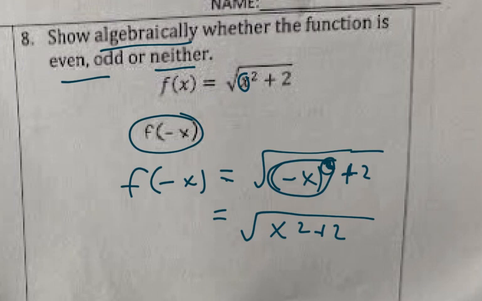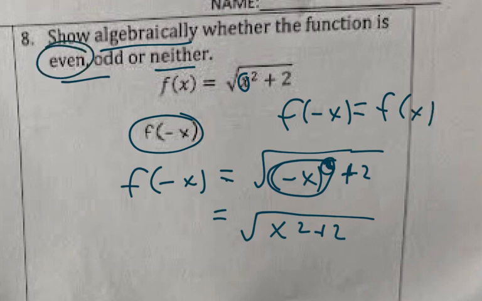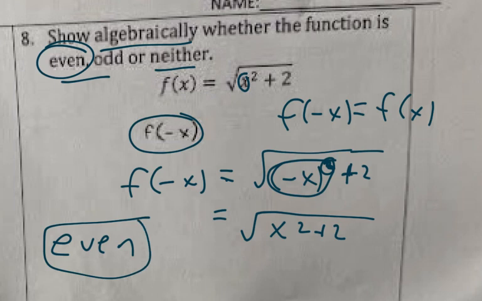So in other words, if f of negative x is the same as f of x, that's called the even function, I believe.